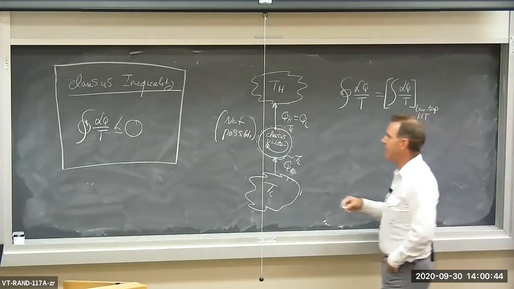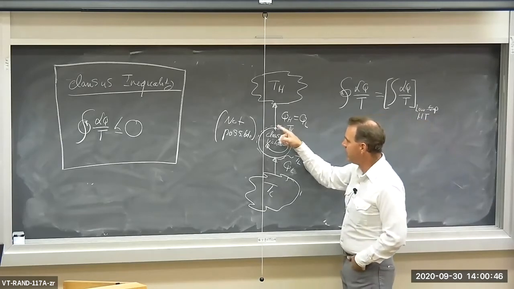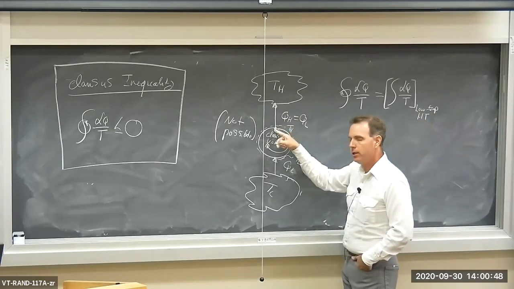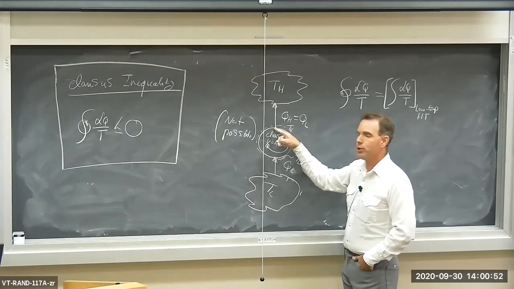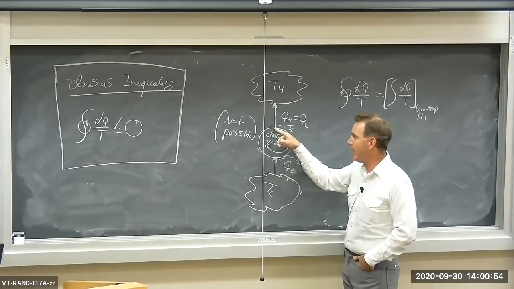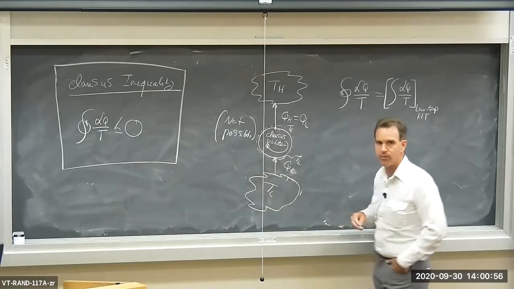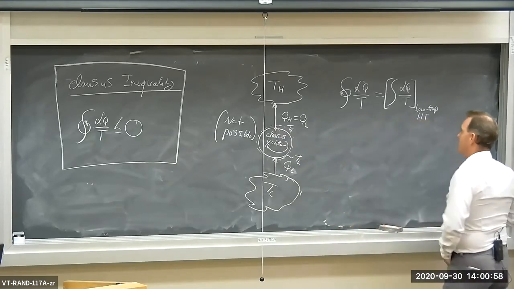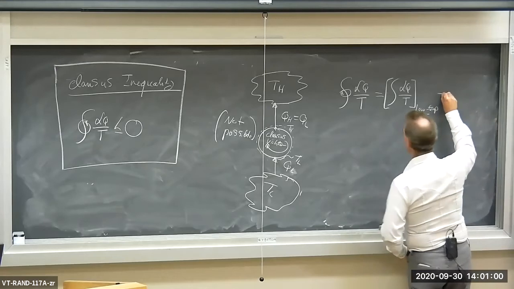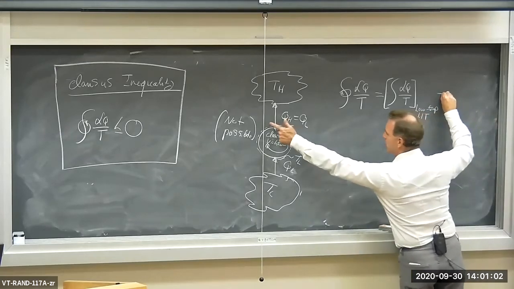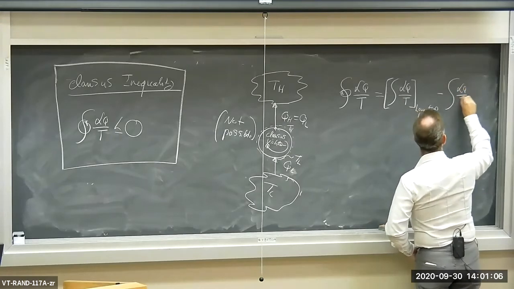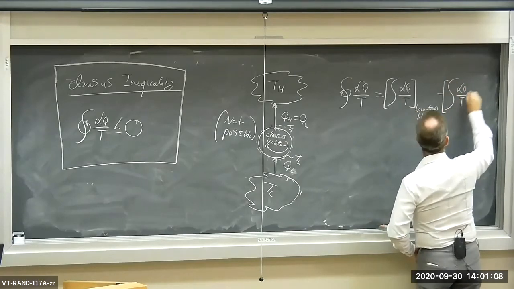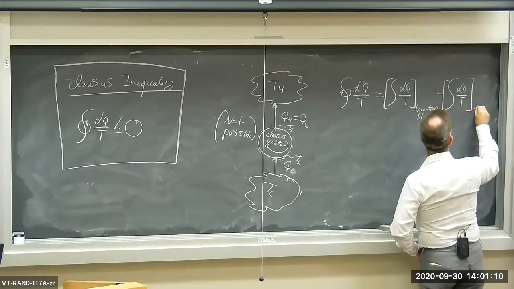And then heat is being rejected at a temperature TH. TH is the interaction temperature, the temperature at which the heat is rejected from my Clausius Violator. So I'm going to have a negative. Why negative? Because heat is being rejected. Integral del Q over T, and this is going to be for high temp.